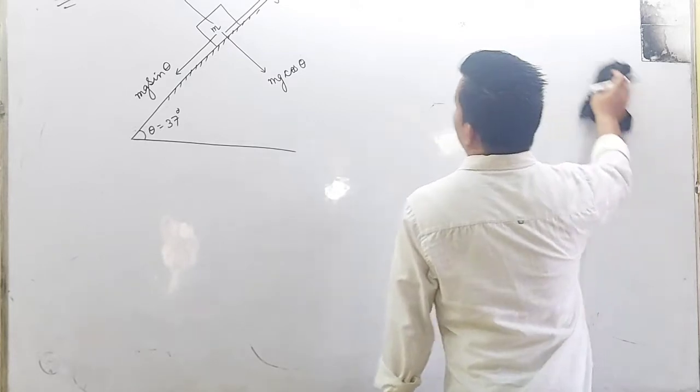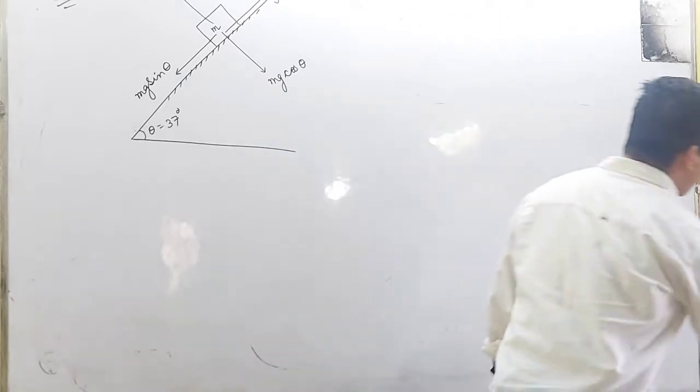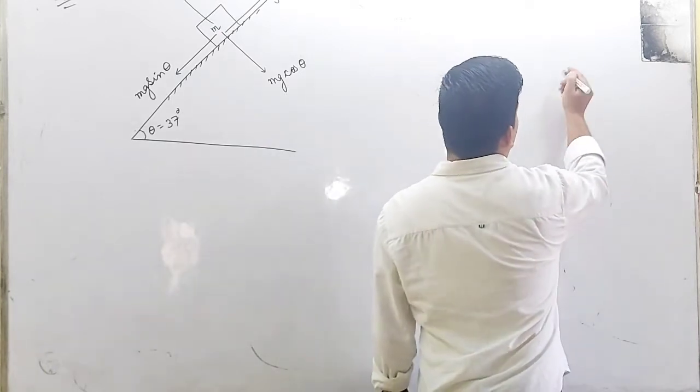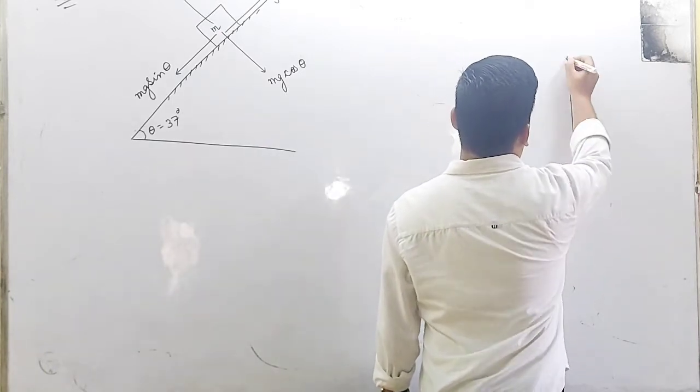Today we will understand the correlation between 53 and 37. Now let us consider a right triangle.